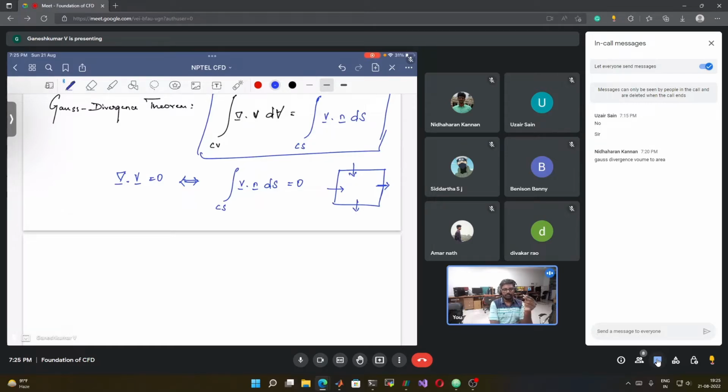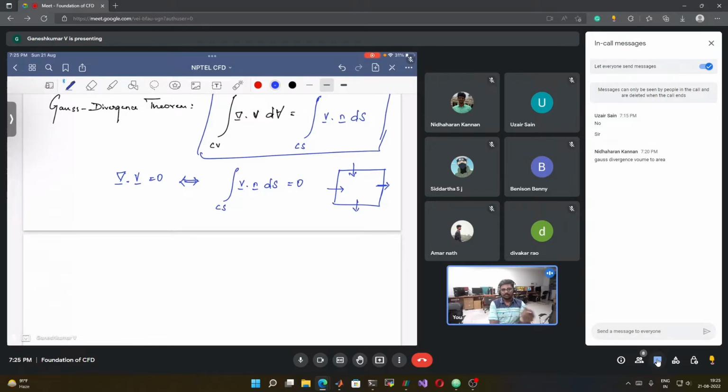In finite volume, you are dividing this domain into number of control volumes. The main difference between these is, if there is a differential equation, you can solve it either with finite difference or finite volume, there is no problem, or finite element for that case.